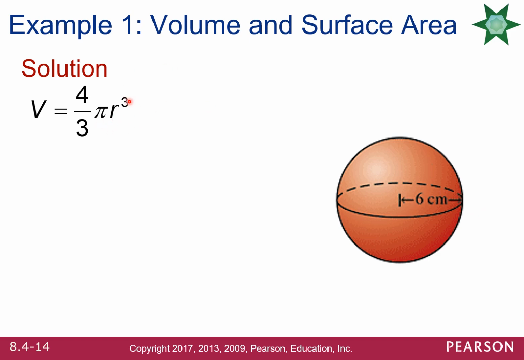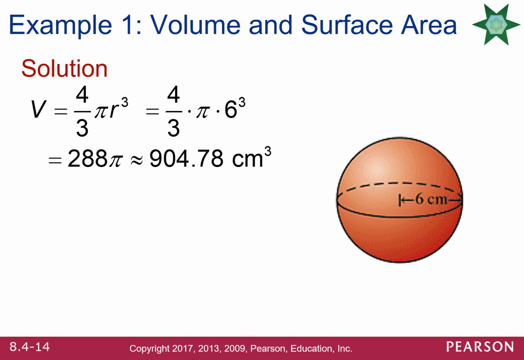So it's going to be 6 cubed. 4/3 times pi times 6 cubed gives a calculated value of 288 pi, which approximately comes up to 904.78 cubic centimeters.